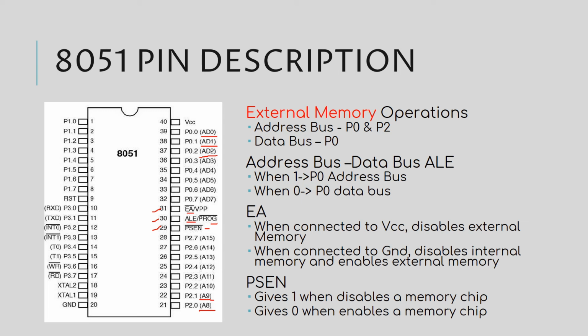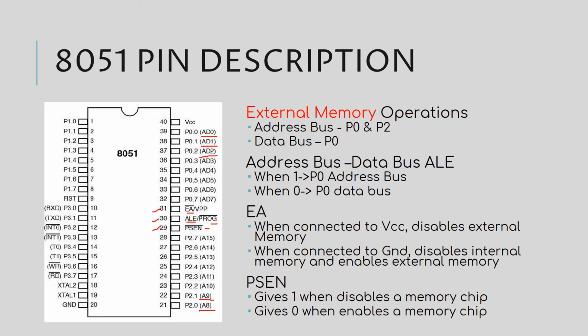This is unidirectional process, so address can go, it will never come. On the other hand, P0 can work as both address and data bus. So address bus here is of 16 bits, P2 8 and P0 8. Data bus is of 8 bit.